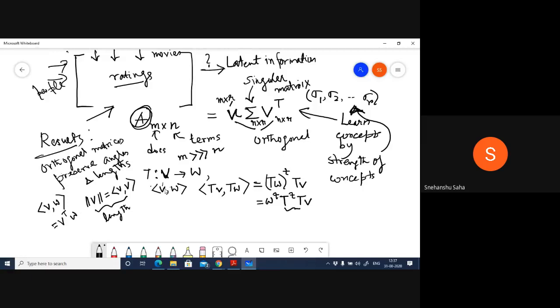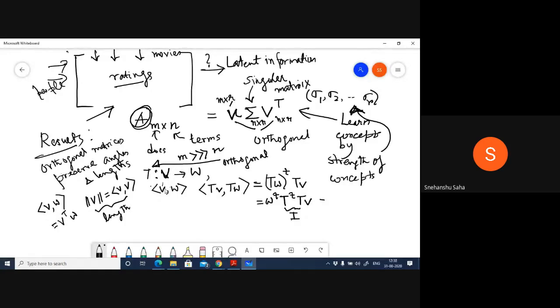Now, what do you know about this T transpose T? T is orthogonal, so if I have an orthogonal matrix, T transpose T is nothing but the identity matrix. This is by definition, correct?